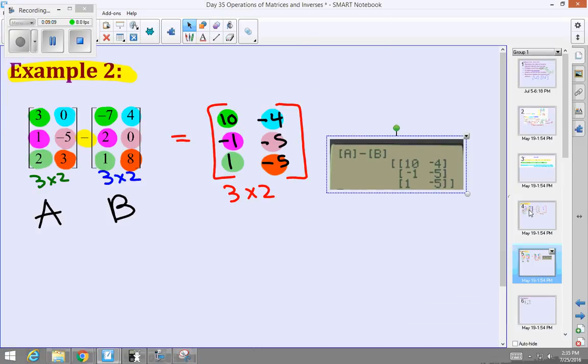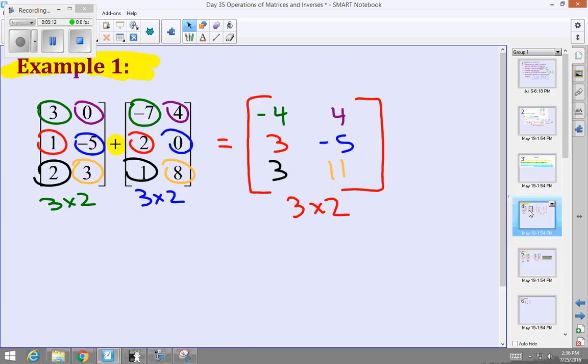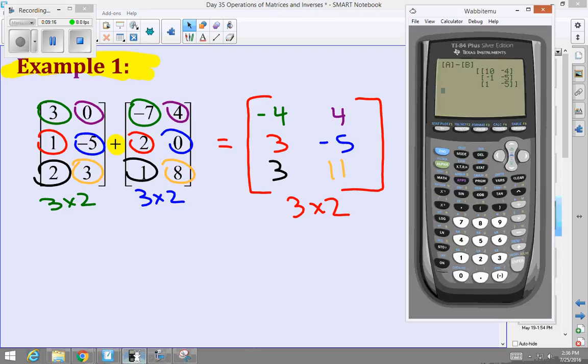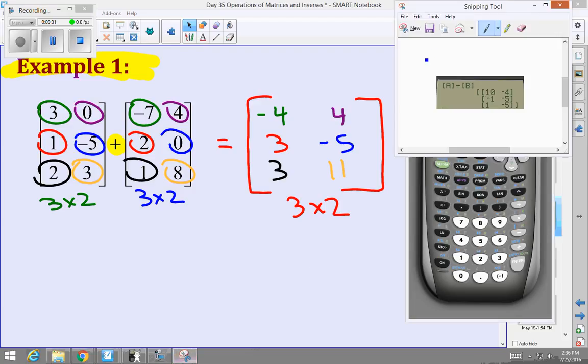And on the other one, it was the same two matrices, I just added them. So on my calculator, I can go second matrix, first guy, second matrix, second guy, and when you add them, you can check your work. So I did those correct as well.